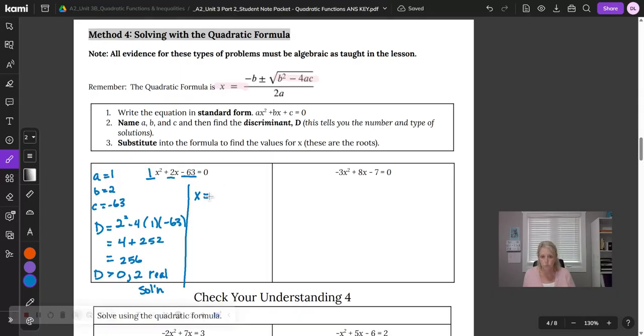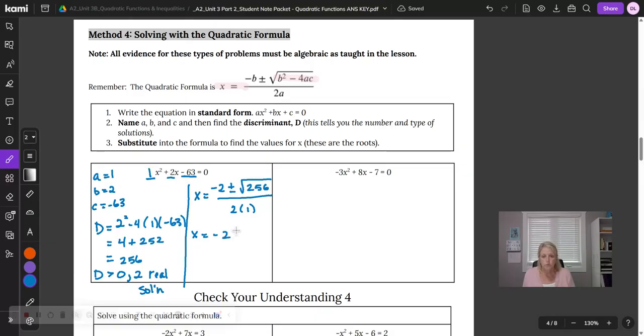Okay, so x equals negative b is negative 2 plus or minus. Now I've already found my b squared minus 4ac, so I don't have to do that again. I'm just going to plug in the 256 divided by 2 and then times a, which is 1. And now we're just going to use our order of operations to simplify.